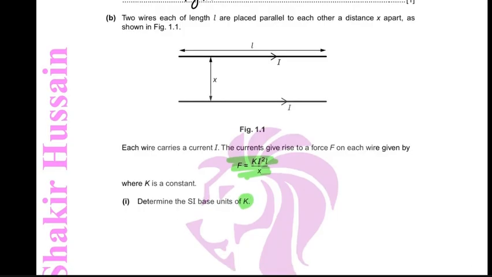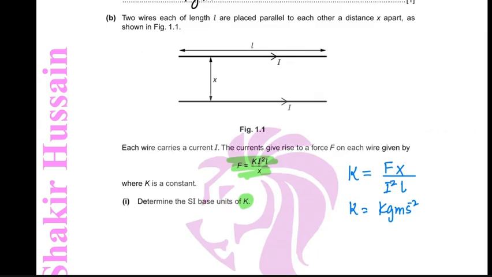When you're trying to find the base units of K, you make K the subject. So K becomes equal to Fx over I squared L. So K becomes equal to what is F? kg m s^-2.